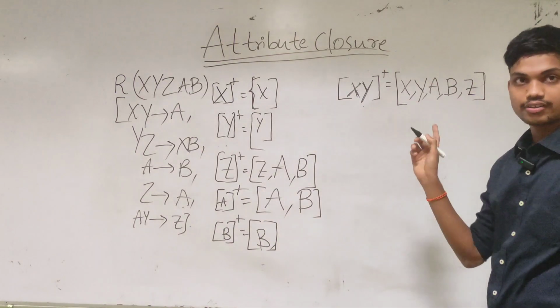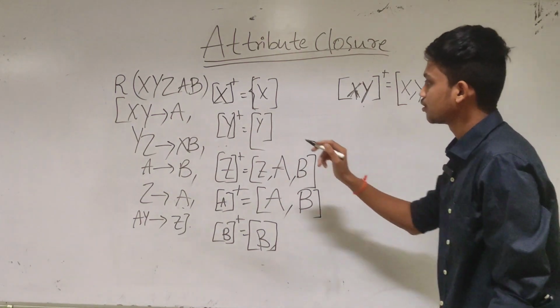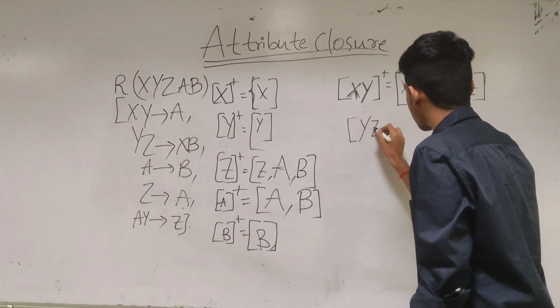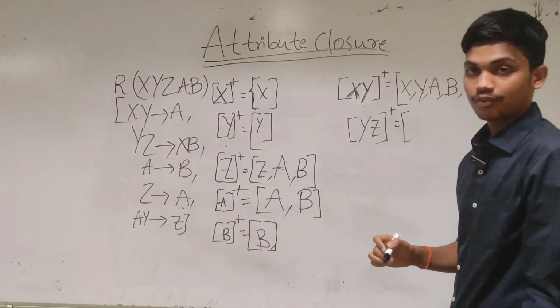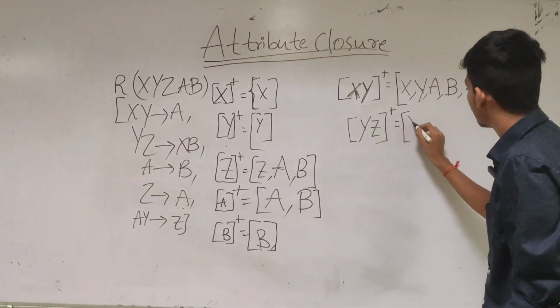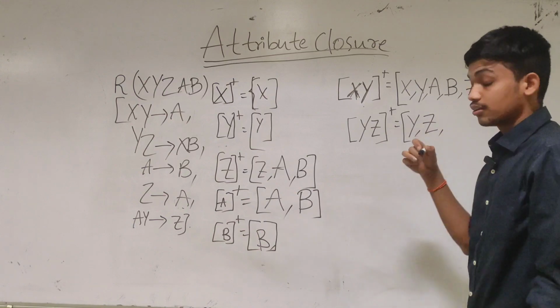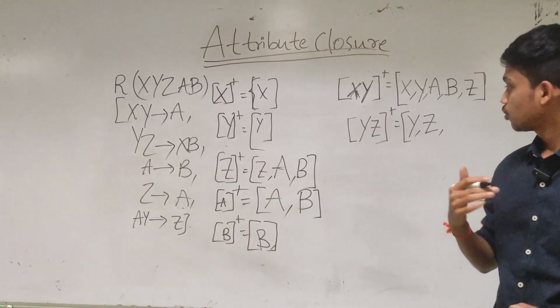So it is like this. This is the XY attribute closure. Now similarly you do the YZ attribute closure. In YZ attribute closure, Y should be included, Z should be included, and the attributes which can be derived from YZ also should be included.